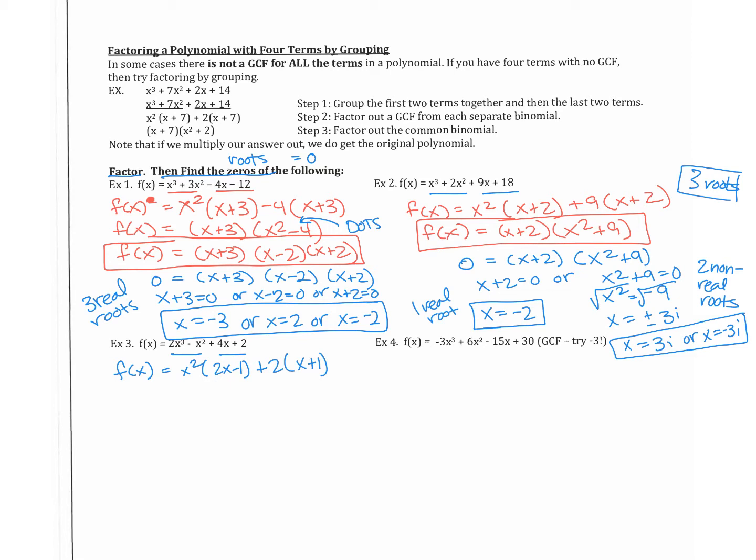This is a real type of problem. I haven't given you anything like this before. But stop, because my parentheses do not match. My parentheses are not the same, and I did not make a mistake. They're just not the same. This one is not factorable by grouping.